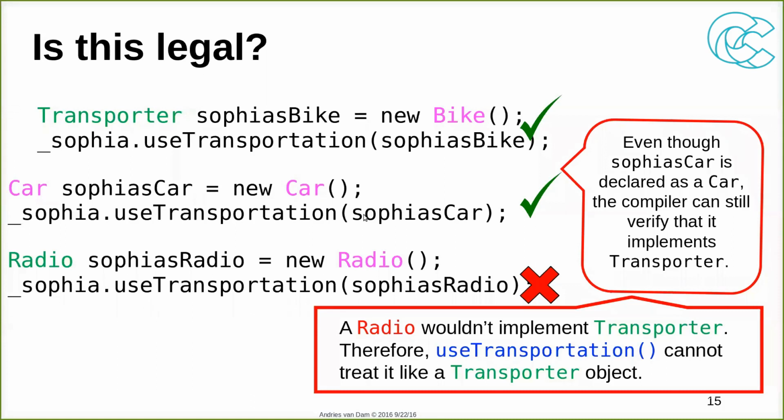Sir, in the second line, underscore Sophia dot use transportation Sophia's car, in this use transportation method, the object Sophia's car can only access the methods which are declared in the interface transporter, right?